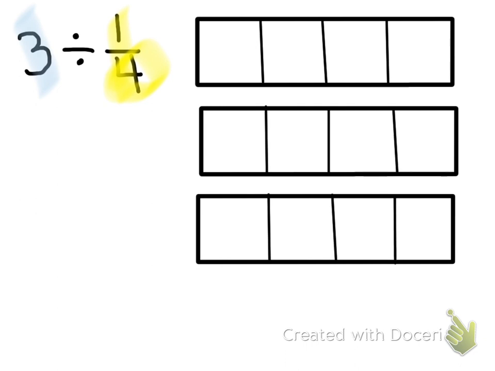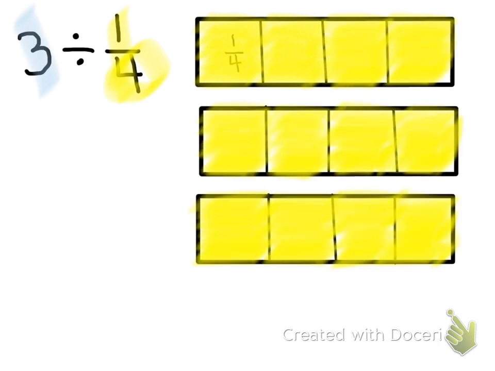So I'm partitioning my units into 4 equal parts. The value of each unit is 1/4. Now I want to know how many 1/4 are in 3. How many units fit into 3? So here's 1 unit of 1/4, 2, 3, 4, 5, 6. And if we keep counting, we get 12.